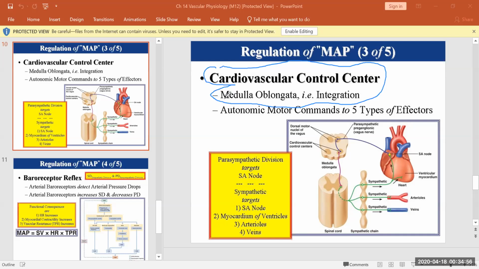Once it receives the information, it will send out motor commands. In this case, they're visceral motor commands, right? Visceral autonomic motor commands, meaning these motor activities you are not consciously aware of because they did not come from your cerebral cortex.